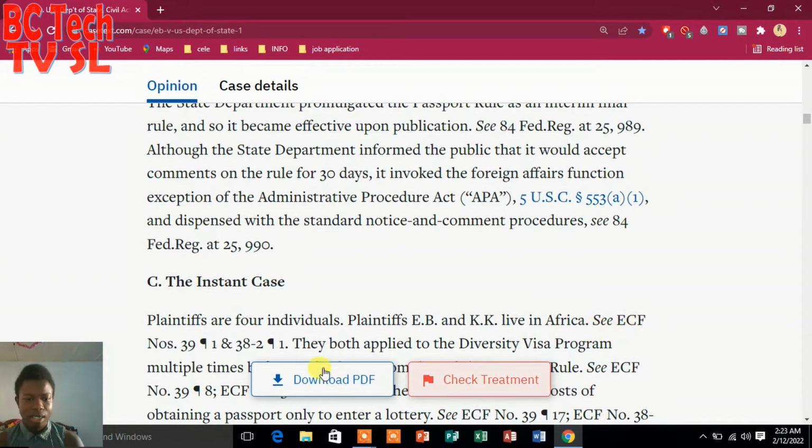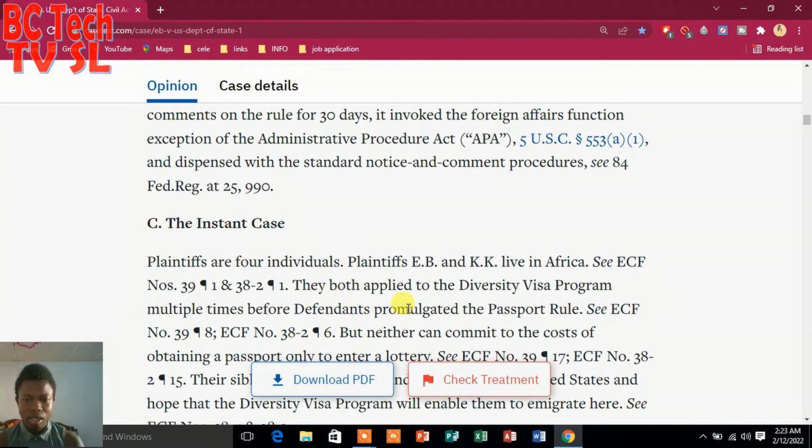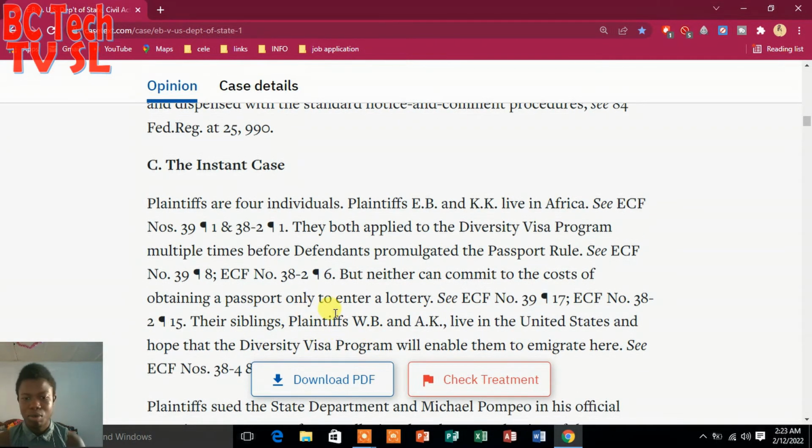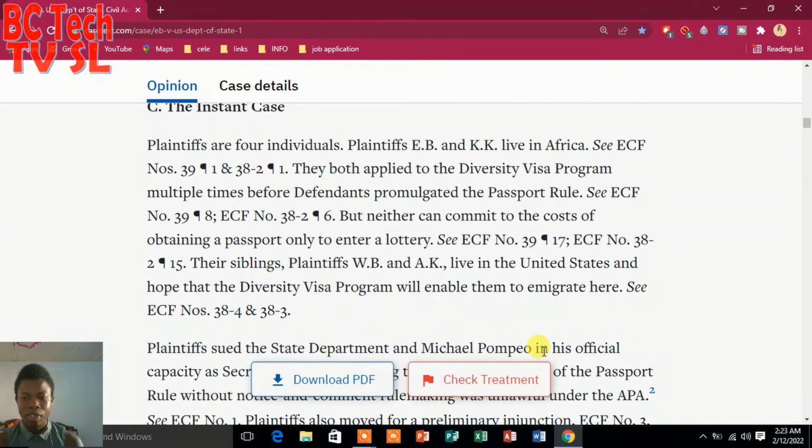They both applied to the diversity visa program multiple times before defendant promulgated the passport rules, but neither can commit to the cost of obtaining a passport only to enter a lottery. Their siblings, plaintiffs WB and AK, live in the United States and hope that the diversity visa program will enable them to immigrate here.